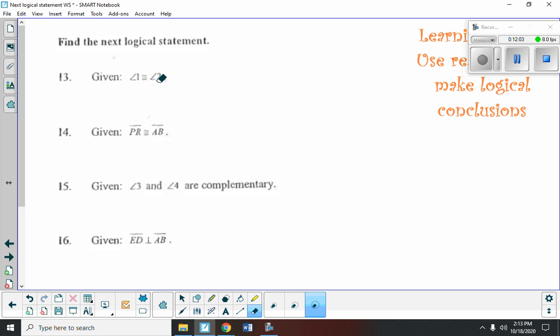It says that two angles are equal if and only if they are congruent, which means if two angles are equal, then they're congruent, and if they are congruent, then they are equal. So my next logical statement would be that the measure of angle 1 is equal to the measure of angle 2. That is the definition of congruent angles.